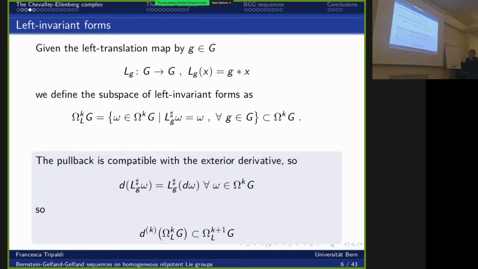You can think of those as constant coefficients in the de Rham complex on R^n. Because the pullback is compatible with the exterior derivative, if you apply the exterior derivative to left invariant forms, you still get left invariant forms. So it makes sense to stay within left invariant forms.